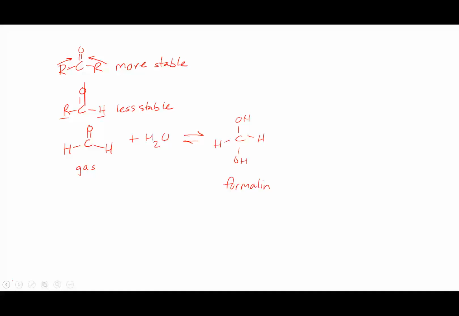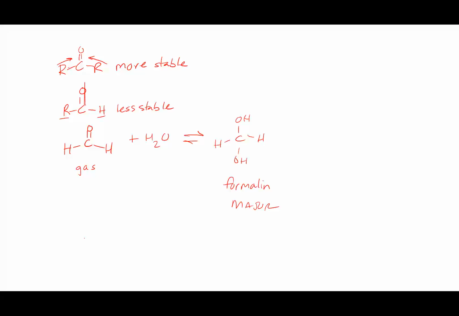So because that's the most unstable aldehyde, you can push the equilibrium so that the equilibrium lies here, and this is now the major product. So that's one way to push the equilibrium to the right.